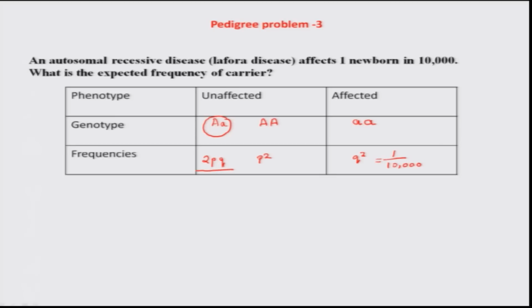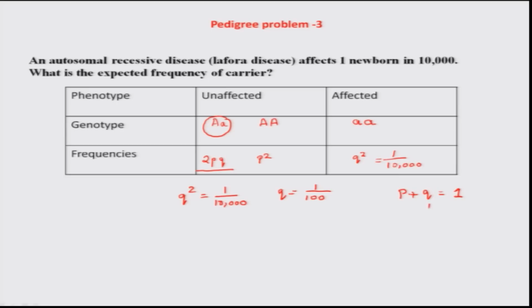To calculate 2pq, we need to know what p is here. So, if q square is 1 by 10,000, then q would be very simple, 1 by 100. Now, as you remember, p plus q is equal to 1.